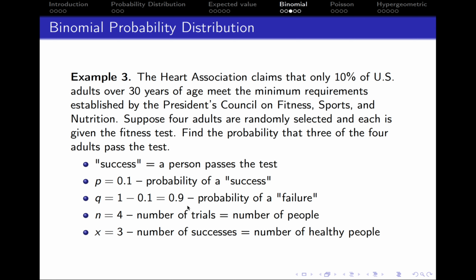So the probability of failure, so the probability that a person will not pass the test. And the number of trials, so we know that 4 people are selected, so this is the sample. And the number of successes, so the number of healthy people that we would like to have out of these 4 people is 3, so x is equal to 3.